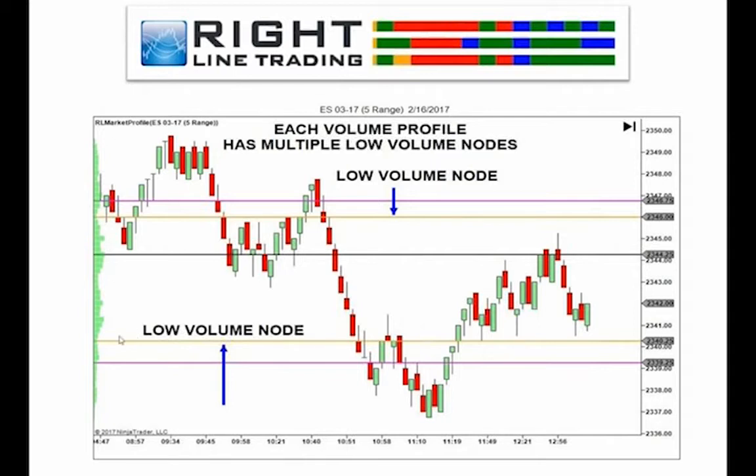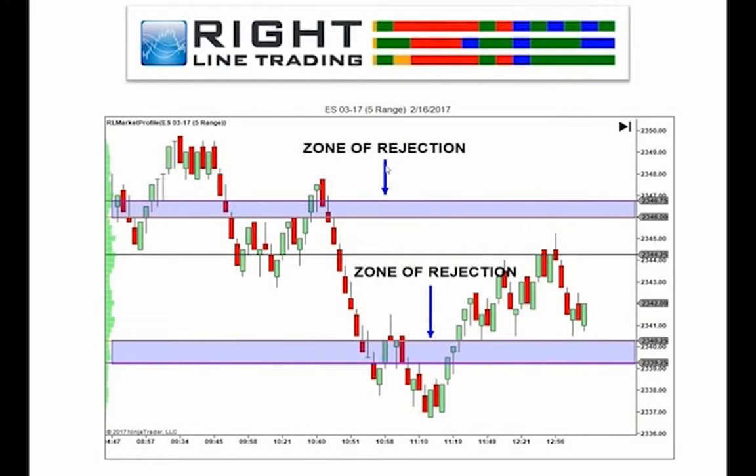And that reason is this is simply a price that's been rejected by traders. They don't want any volume to cross here. So when price approaches, there's a high likelihood that it's going to get rejected and attracted back to the point of control.